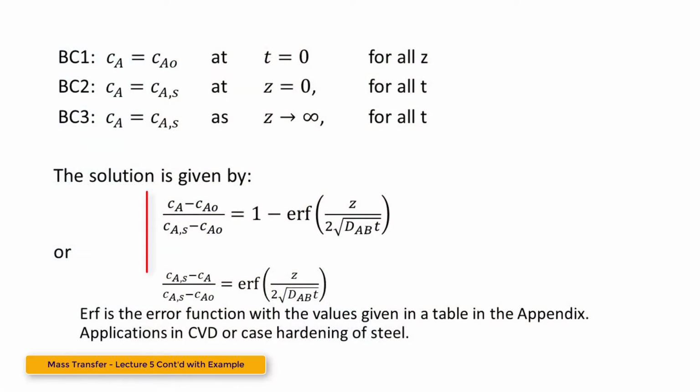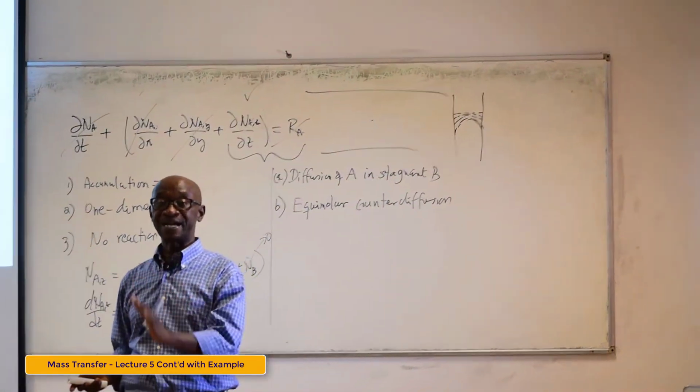And of course, it's not comfortable to be calculating these things every time you have to solve a problem in diffusion across an infinite sheet. And so people have used these expressions to plot charts.